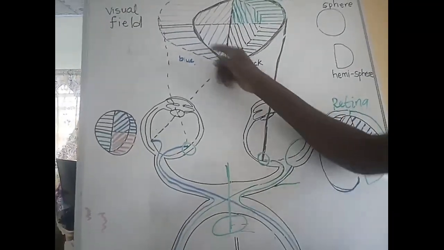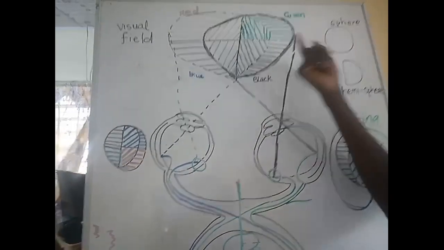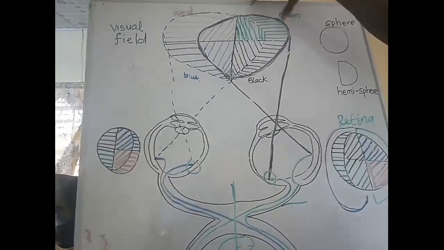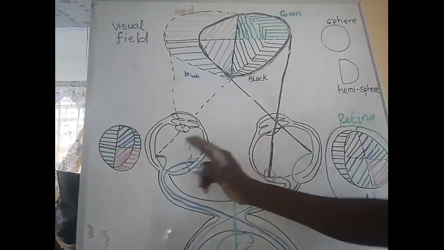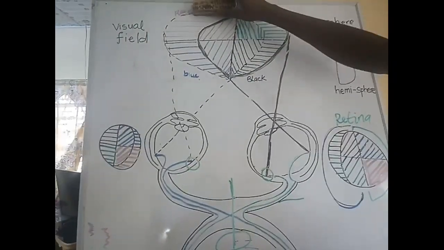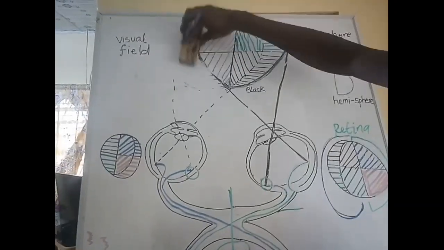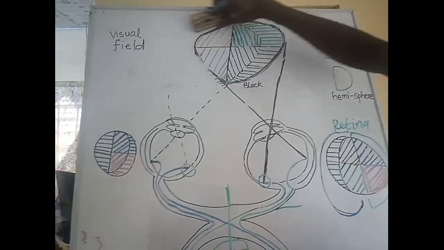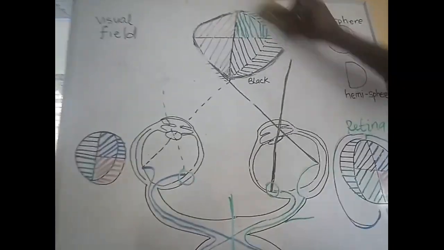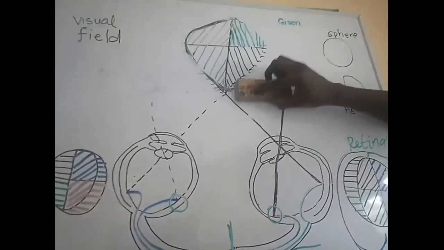So we can only see this area, even though it's overlapping, but we are not viewing what is going to the nasal side. So that means that we are going to have loss of peripheral vision. So there will be loss of peripheral vision this way. The peripheral vision will be lost this way. So we have loss of peripheral vision.